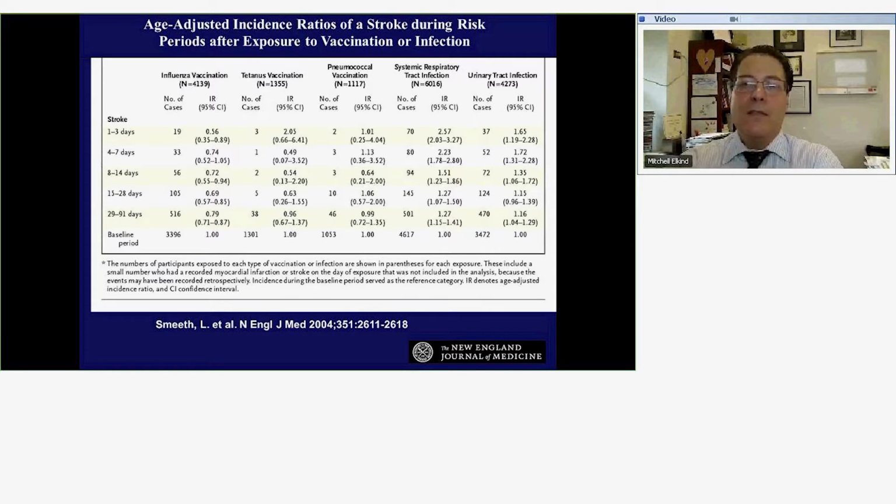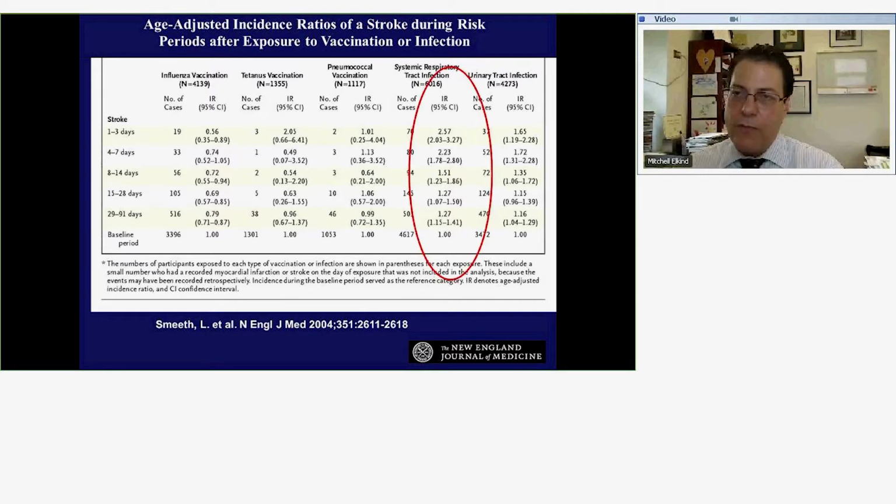So this is data from Liam Smith from the UK Practitioners Database, in which they looked at the relationship of outpatient infections and subsequent stroke using the medical record linkage system that they have in the UK.